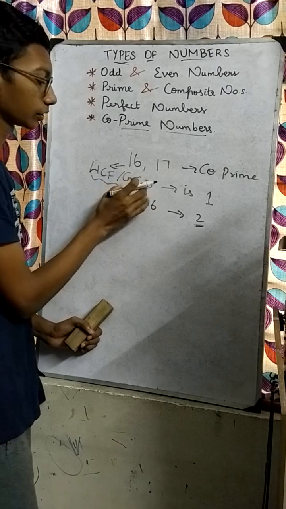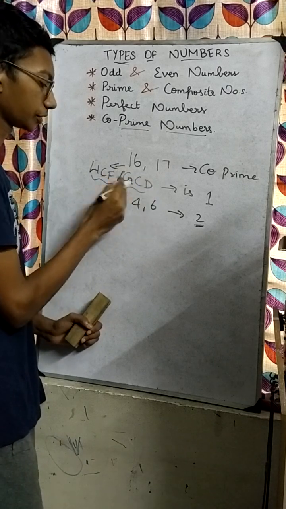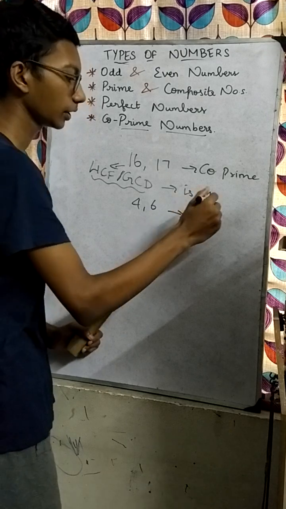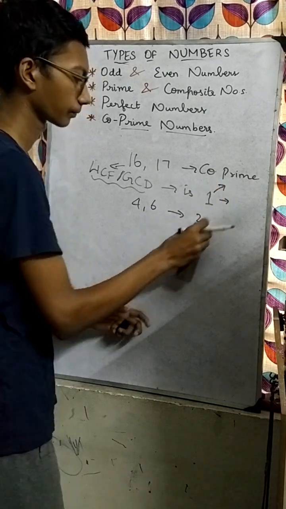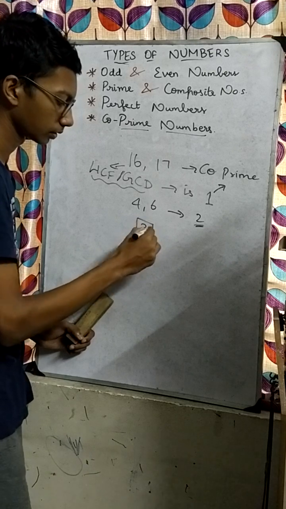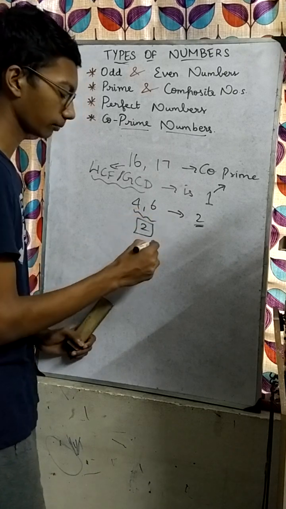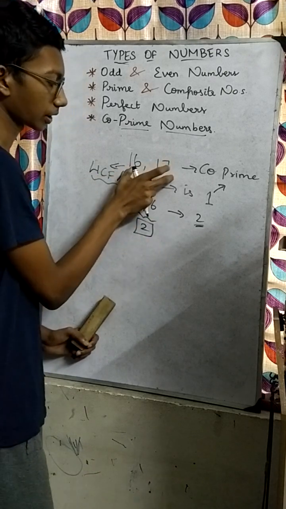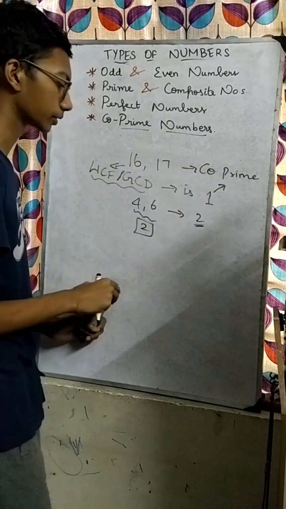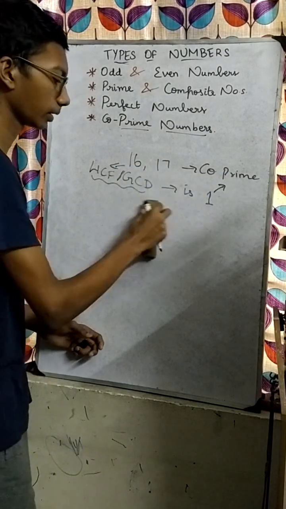If the HCF or GCD of two numbers is 1, then they are co-prime numbers. In this case, the HCF is 2. So these are not co-prime numbers. But for 16 and 17, the HCF is 1. So these are co-prime numbers. So that's the thing with co-prime numbers.